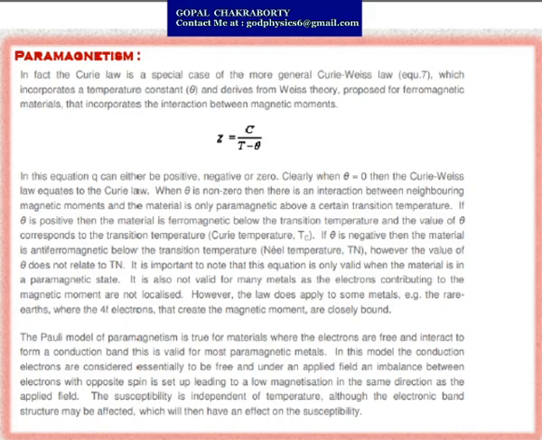In this model, the conduction electrons are considered essentially to be free and, under an applied field, an imbalance between electrons with opposite spin leads to a low magnetization in the same direction as the applied field. So this is your paramagnetism.